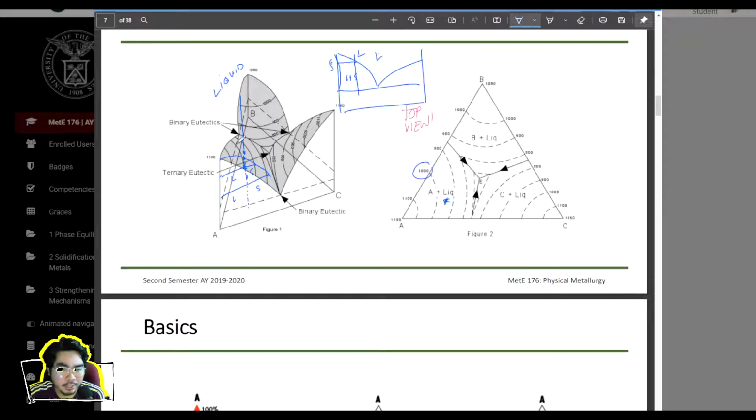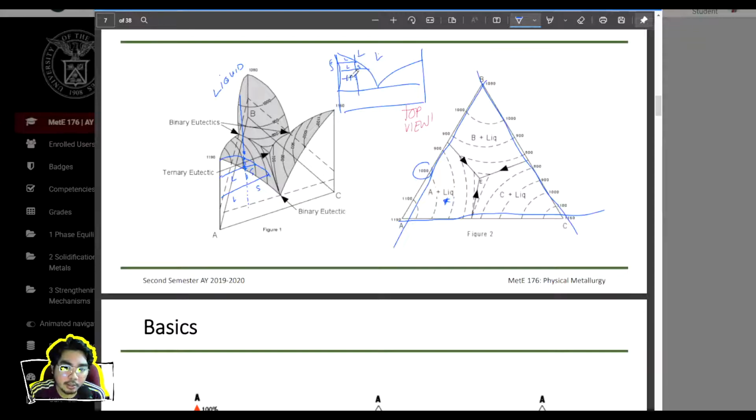And actually, these edges are binary eutectics. In any case, when you go down the gradient, the solid is growing. This is the liquid side.